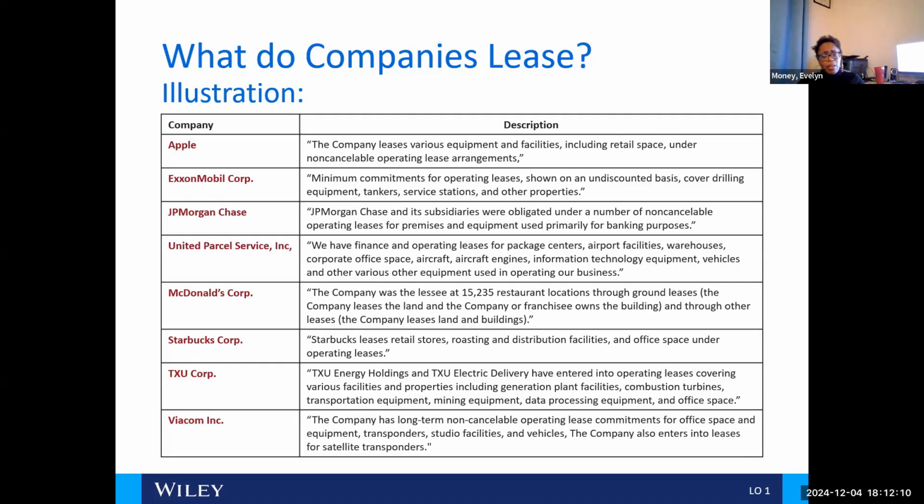The interesting thing about leases is that several years ago, leases could be structured so that you could avoid showing debt on your balance sheet. So because of that, GAAP or FASB got together and decided that GAAP needs to be changed.